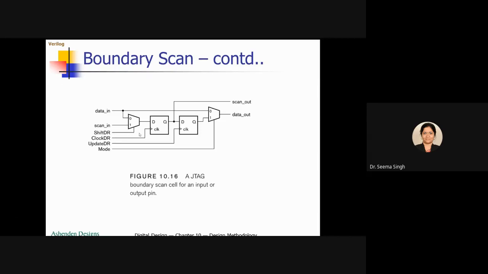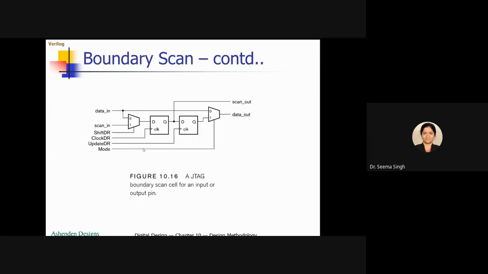See what you can see here. Shift DR will tell whether your data in will go directly. Here is your mode. If mode is 0, the data will go directly as the data out. But if this mode is 1, then the data comes through these D registers.